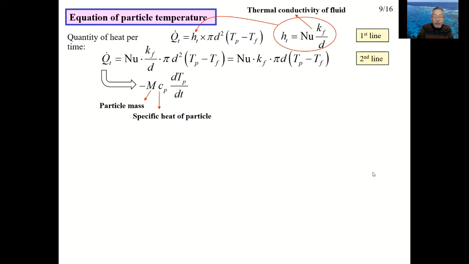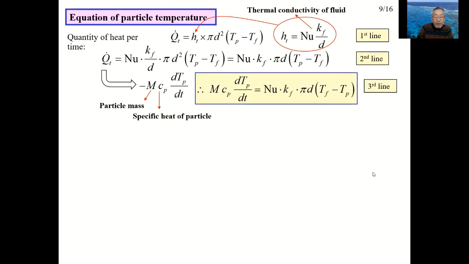When the Qt dot is positive, Tp is larger than Tf and the particle temperature will decrease. So the minus sign is put in this expression. Substituting this expression into the equation on the second line, the change in particle temperature over time is expressed by this equation shown in the yellow frame on the third line.